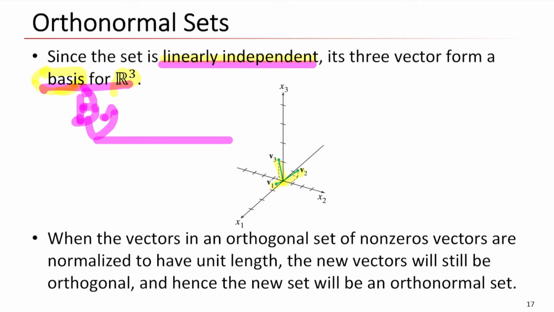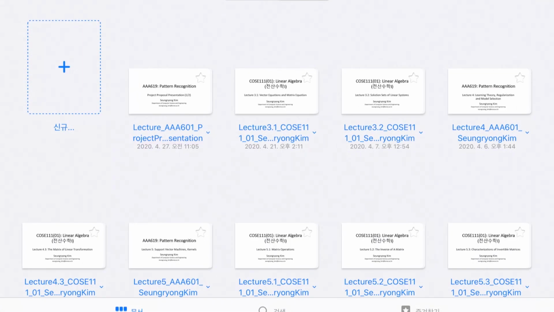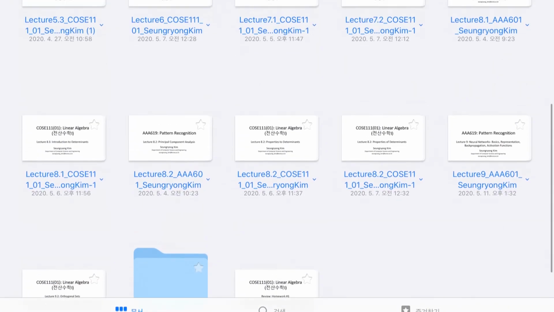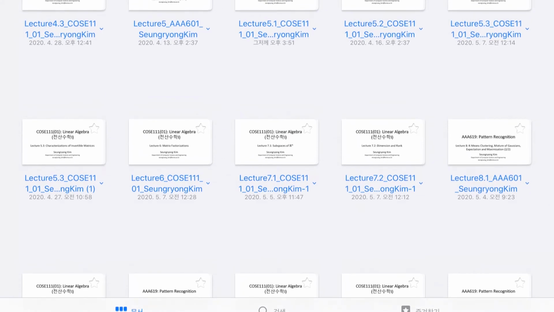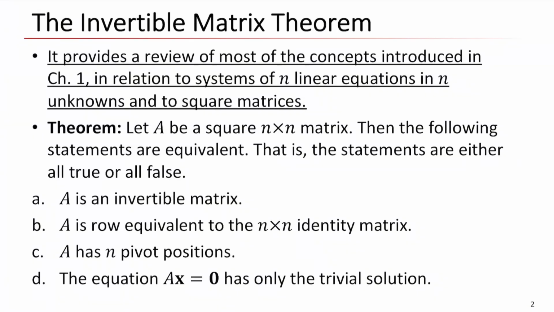Here, it was the invertible matrix theorem.